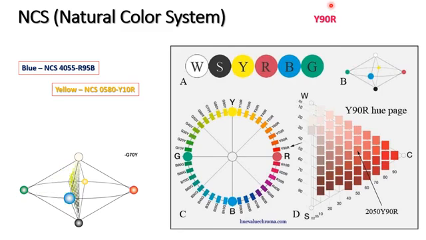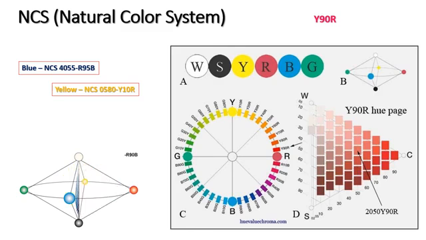So we already know Y90R means yellow with 90% red. What does 2050 mean? 2050 tells us that this is yellow with 90% red, 20 whiteness and 50 saturation.